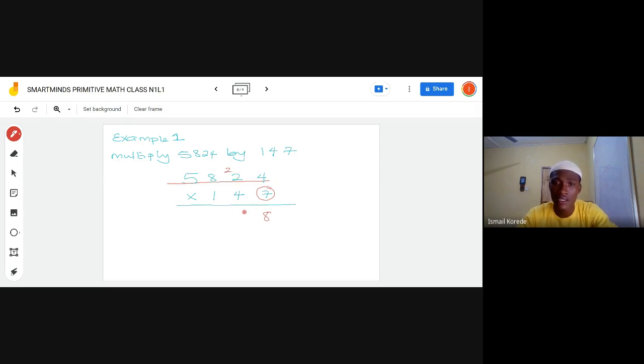So we write the 6 and we carry 1 again. 7 times 8 gives 56. So 56 plus 1 is 57. So we write the 7 and we carry the 5. 7 times 5 gives 35. 35 plus 5, that's 40. So we write 4 and 0, just like that.